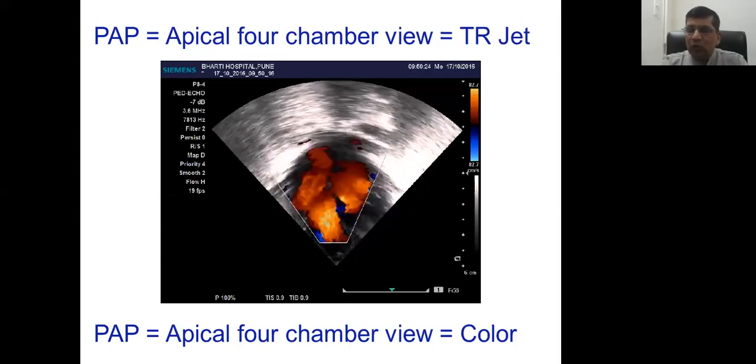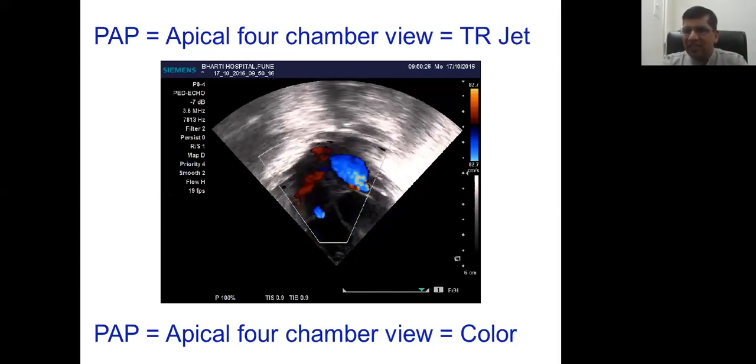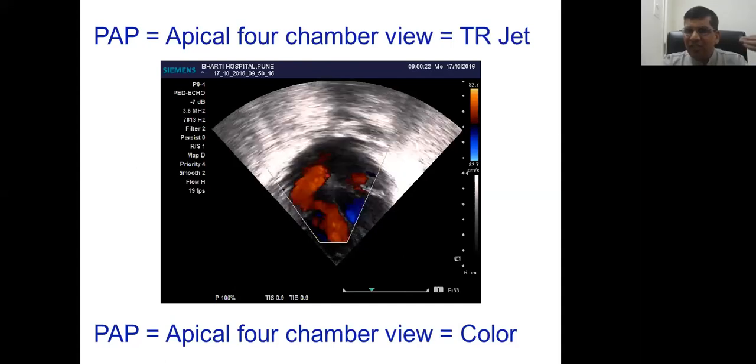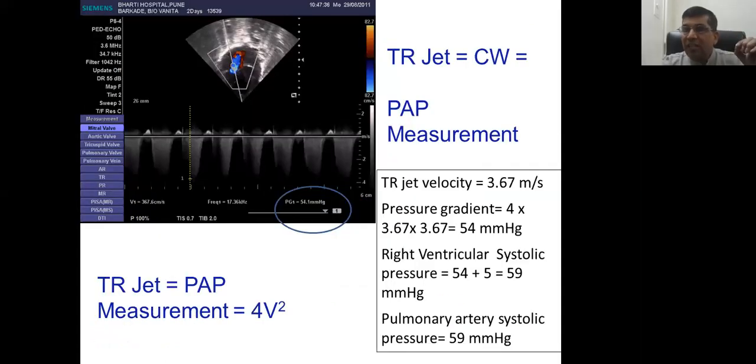After grayscale, put a color, and after color, put a continuous wave Doppler. Once you put a continuous wave Doppler, you get a velocity. Measure the peak of the velocity. In this case, the peak of the velocity is 3.67 meters per second.